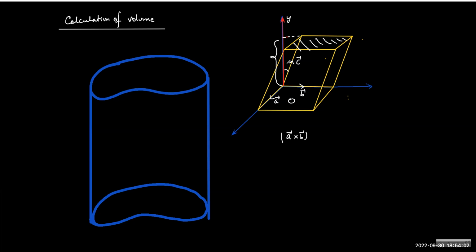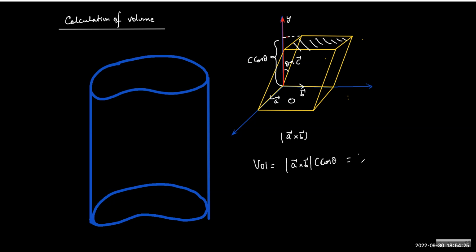If this angle I call theta, this becomes C cos theta. And therefore, how to write the volume? We write volume equals to area of the base, and you take the modulus. So you take the area of the base into the vertical height, which is C cos theta. This is like a recap.